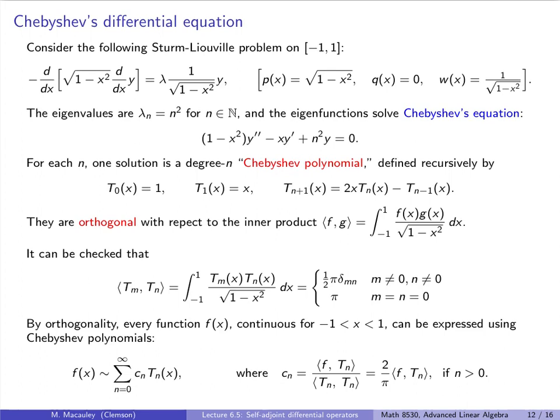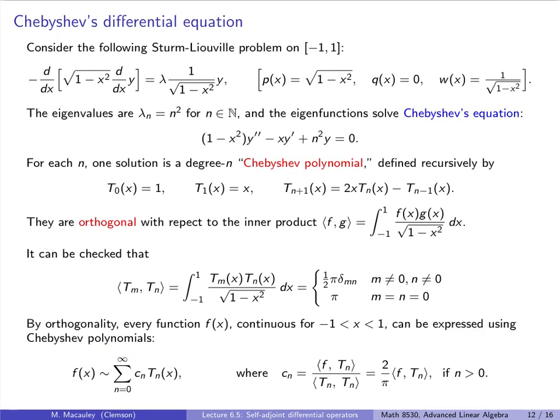By orthogonality, every function f(x) continuous on this interval. Now, you have to worry about the endpoints because this weighting function is not defined on the endpoints. That's a detail we don't need to get into. But this can be expressed using Chebyshev polynomials.